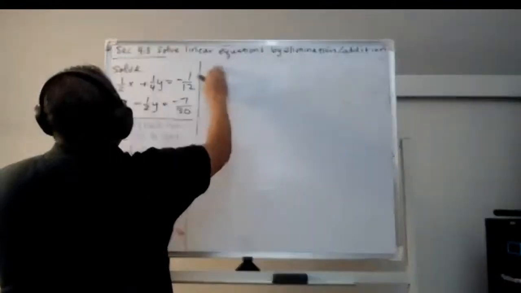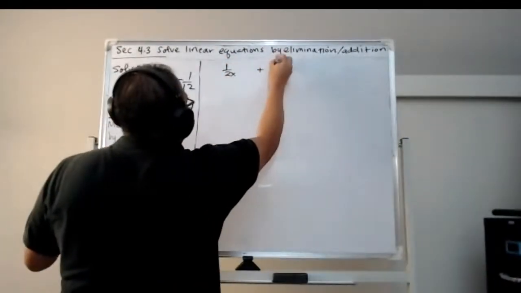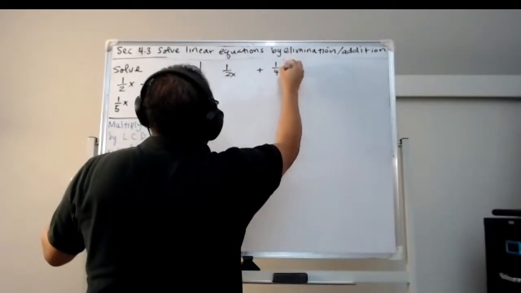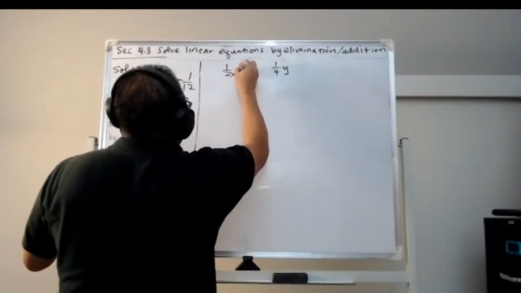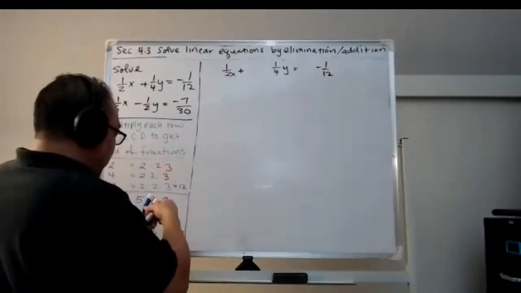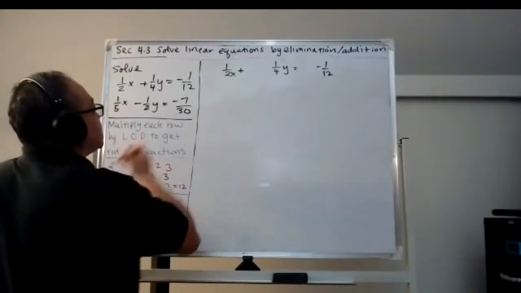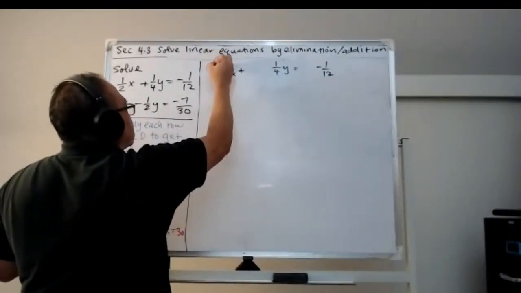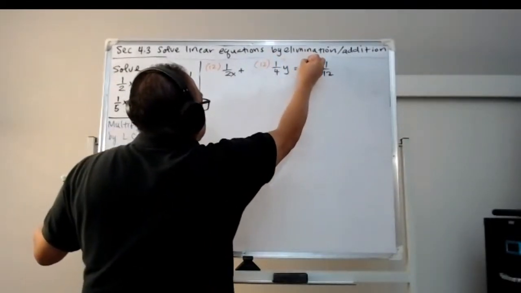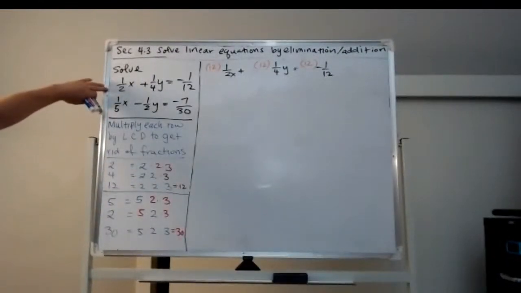So we have a half x plus a fourth of a y equal to minus 1 over 12. And we're going to multiply each one of these by 12, because we figured out that that was the lowest common denominator for this.